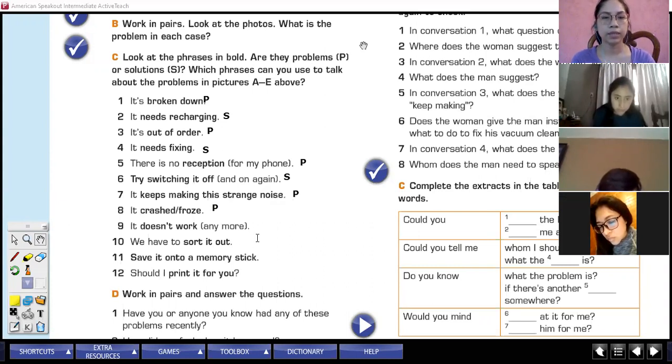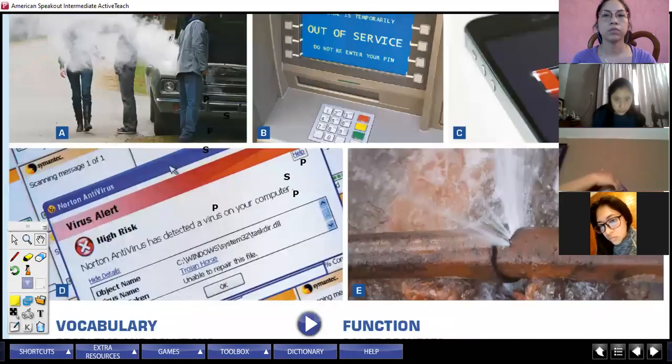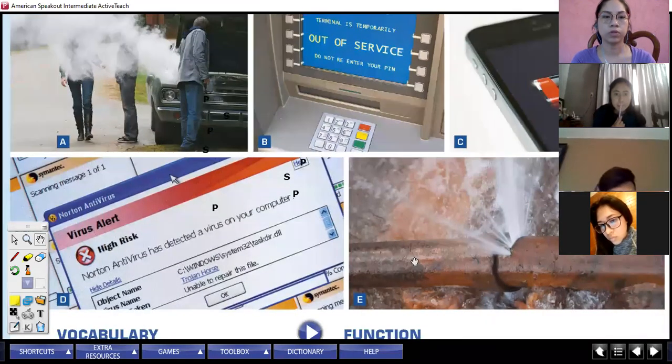Can you give me an example? Something that crashed. It froze. From the pictures, where do you see that problem? Froze or crashed.